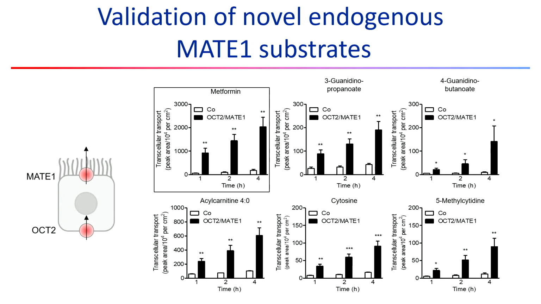So the blank ones are always the control, so nothing is going through the control cells, but you need both the OCT2 and the MATE1 to get a nice accumulation of metformin in the apical compartment. And then we saw the same for those compounds, guanidino compounds, propanoate, butanoate, as well as acylcarnitine, cytosine, and methylcytidine. So we identified novel substrates of the MATE1. Not only in the mouse, but that are the human transporters, so that is for the humans.